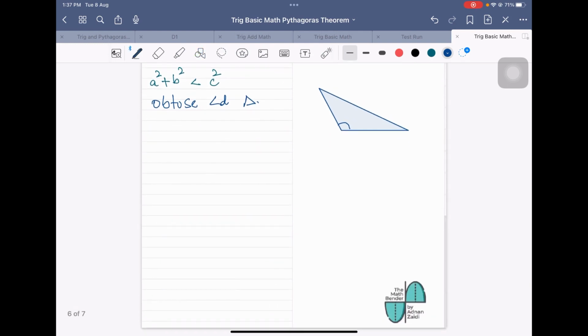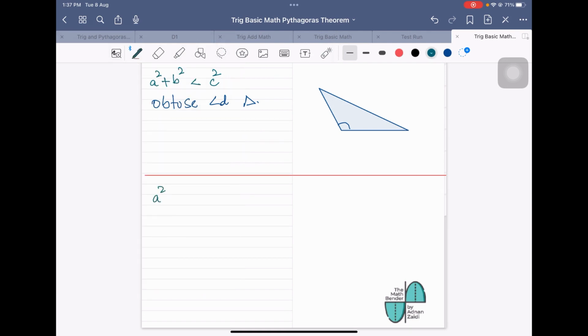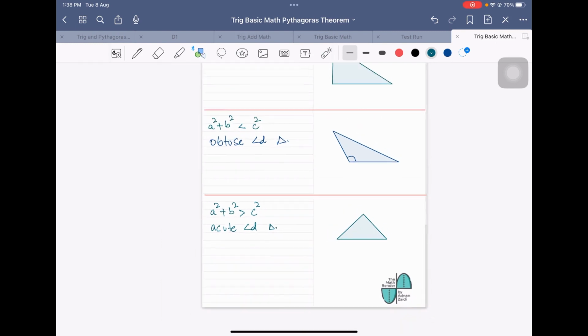But in the same case, if a squared plus b squared is greater than c squared, we say that it is an acute angled triangle, which means that the sum of the squares of the rest of the two sides is greater than the square of the longest side. It may look like this. We have already studied how an acute angle triangle or obtuse angle triangle looks.